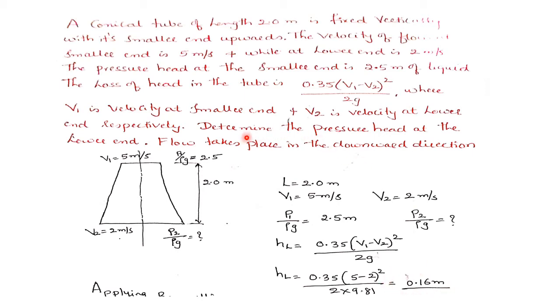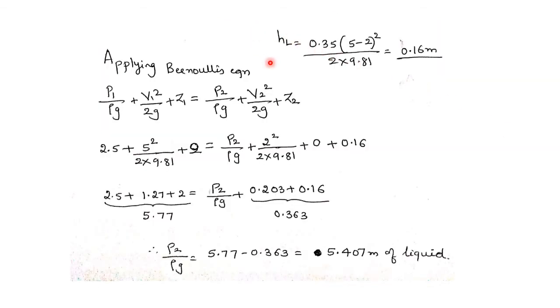In the problem we are asked to calculate the pressure head at the lower end, that means P2 upon rho g. We have already calculated HL. Now applying Bernoulli's equation for section 1 and section 2, we must add HL, the head loss. So P1 upon rho g is 2.5 meter of liquid, as given. V1 is 5, squared, divided by 2 into 9.81. Z1 is 2. P2 upon rho g is what we are asked to calculate, so we keep it as it is.